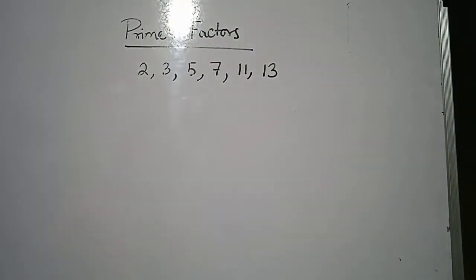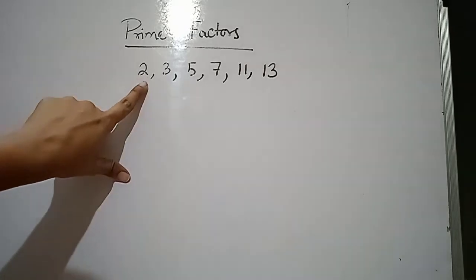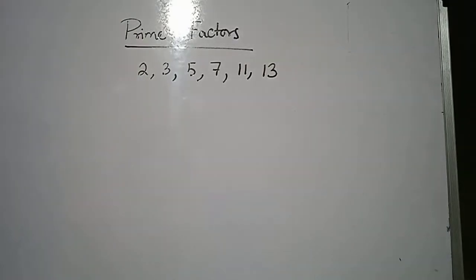These numbers are called prime numbers, as these numbers can only be divisible by 1 or that number itself. That means we can divide 2 by 1 or 2 itself. We can divide 3 by 1 or 3 itself. We can divide 5 by 1 or 5 itself. So these are the prime numbers.